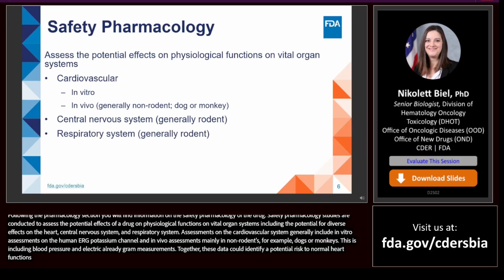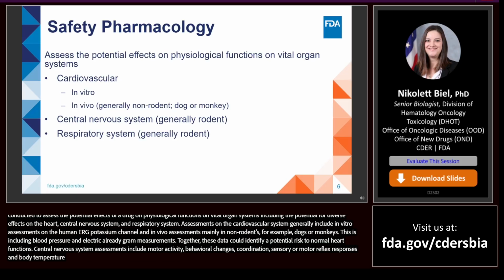Central nervous system assessments include motor activity, behavioral changes, coordination, sensory or motor reflex responses, and body temperature. The respiratory system assessments include the measurement of respiratory rate. Central nervous system and respiratory system assessments are commonly conducted in rodents.